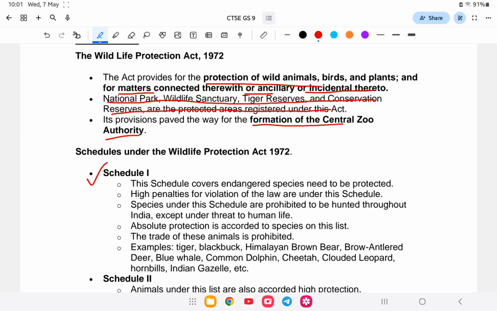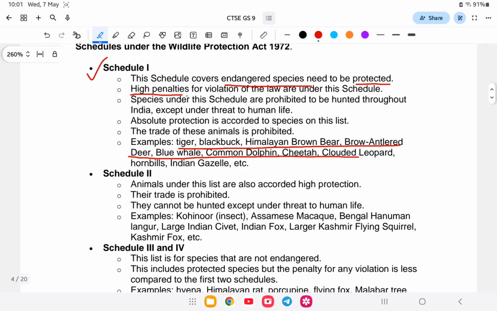Schedule 1 covers endangered species with the highest penalty provided. Species include tiger, black buck, Himalayan brown bear, antlered deer, blue whale, common dolphin. Schedule 2 has high protection, and hunting is prohibited, but they can be hunted under threat to human life. Suppose there is a threat to human life, then you can hunt them, for example Kohinoor, Assam macaque, Bengal, Hanuman langur.